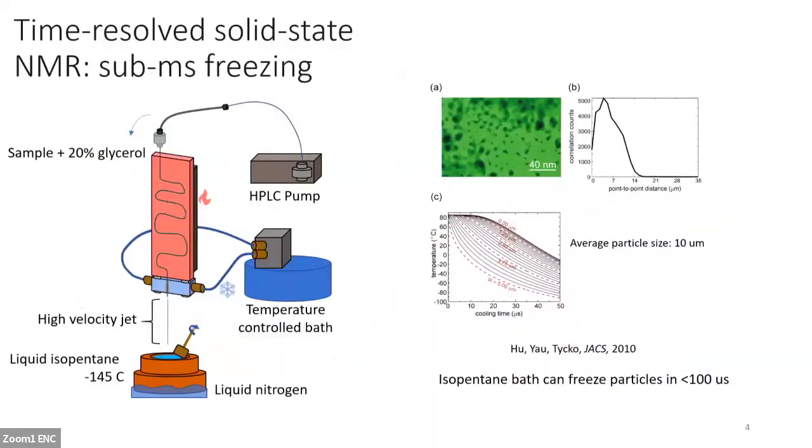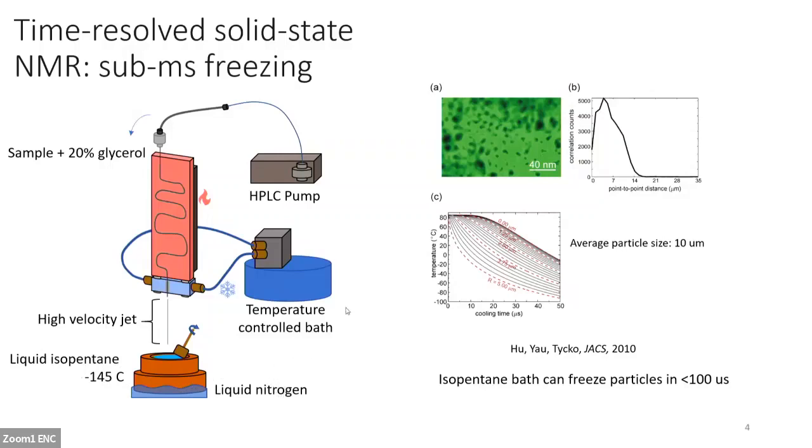Our strategy to study the evolution of the system is to freeze trap the protein solution after the temperature jump, capturing frozen snapshots of different time points in the evolution process. And we do this by injecting the high velocity jet directly into a cold isopentane bath, which we cool to minus 145 C using liquid nitrogen.